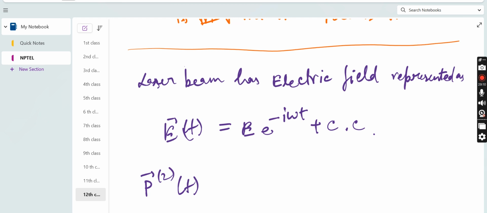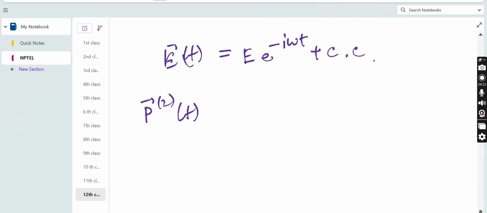So here remember how we define electric field. We defined electric field as E naught e to the power minus i omega t. This can be different from the notation in the class, where the normal notation is e to the power i omega t and E star e to the power minus i omega t.